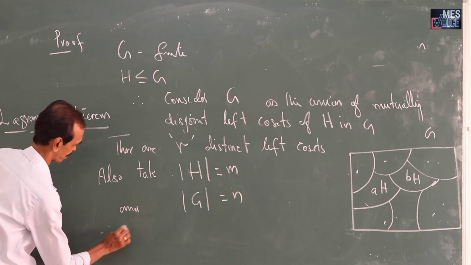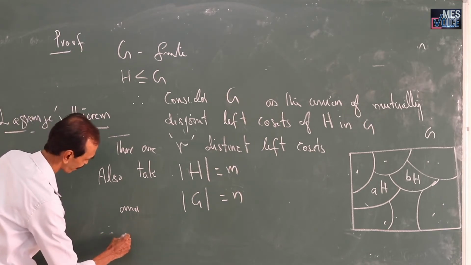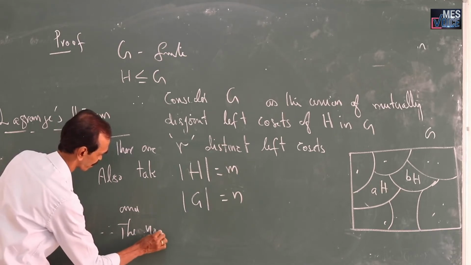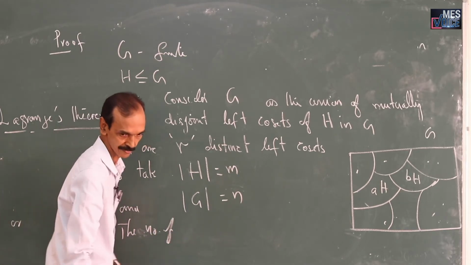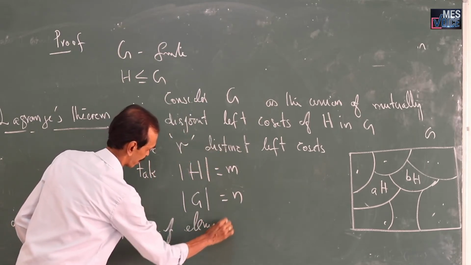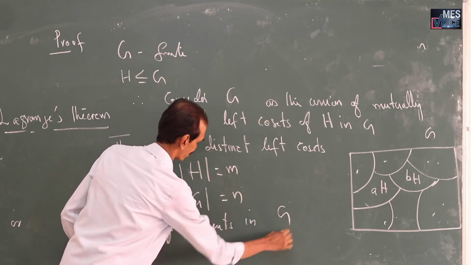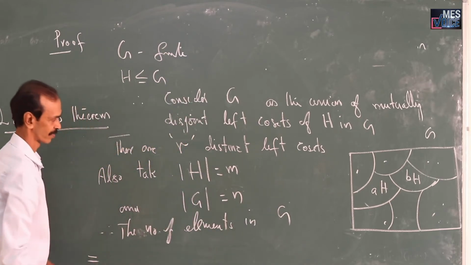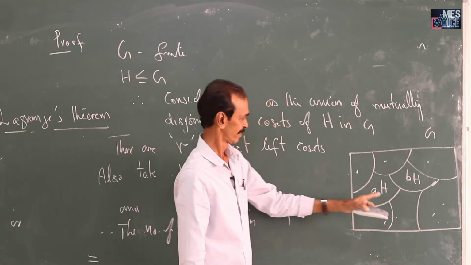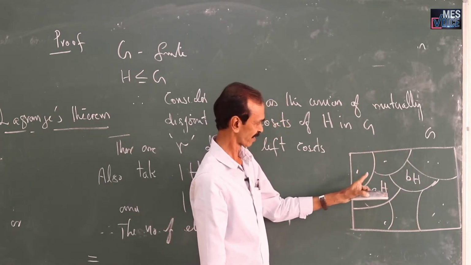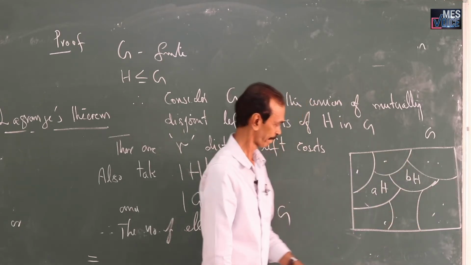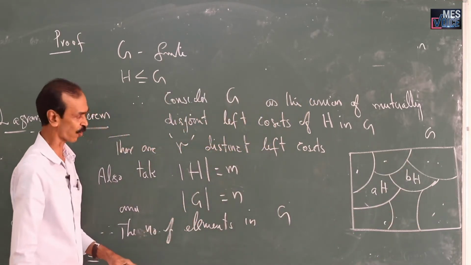Therefore, the number of elements in G equals, you can just count, you can add the number of elements in the various cosets, first coset, second coset, etc. How many cosets are there in total?